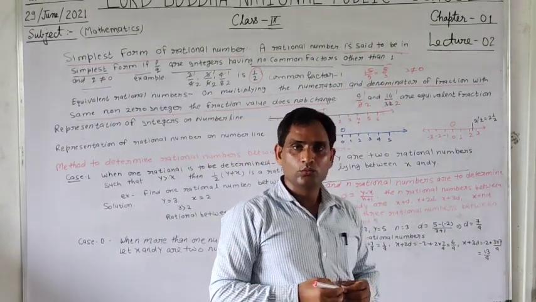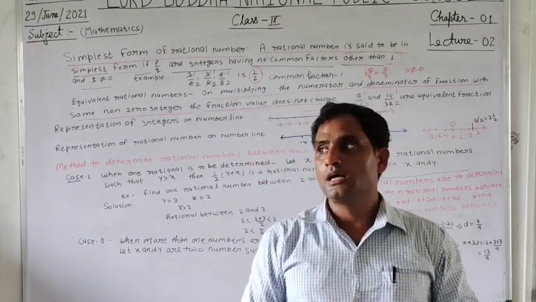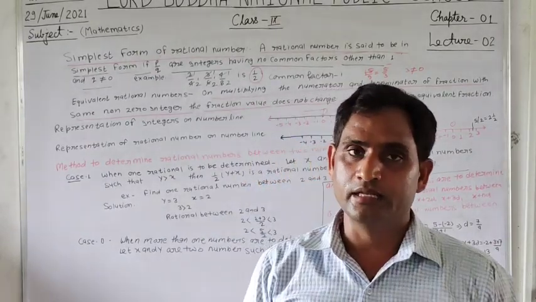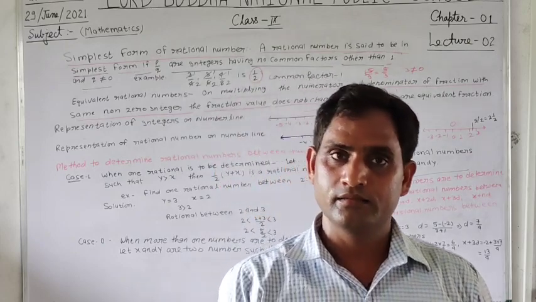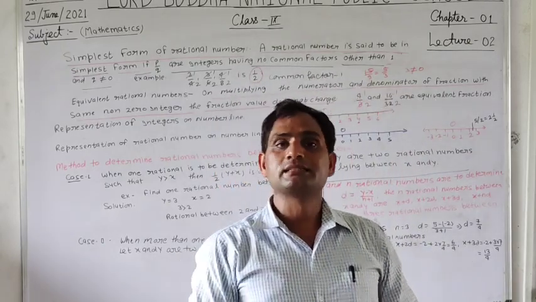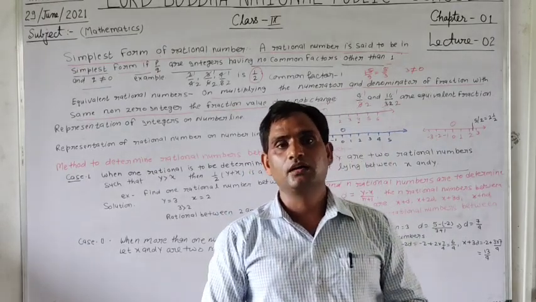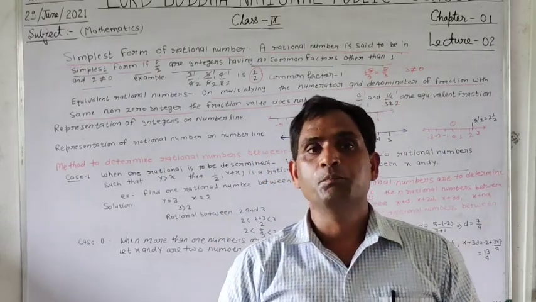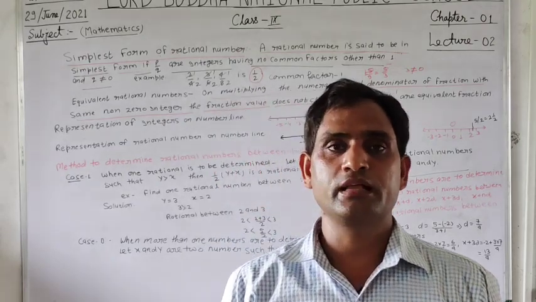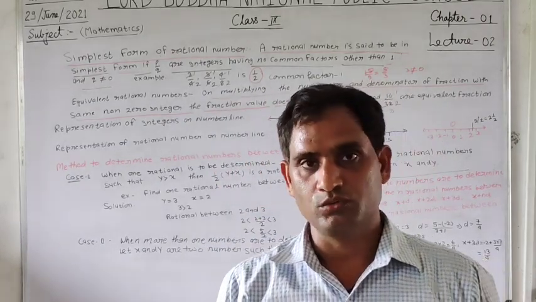Okay? Now, we will learn how to represent rational numbers on a number line. To represent a rational number on a number line, first of all, we draw a straight line. Mark a point O on this straight line as 0.